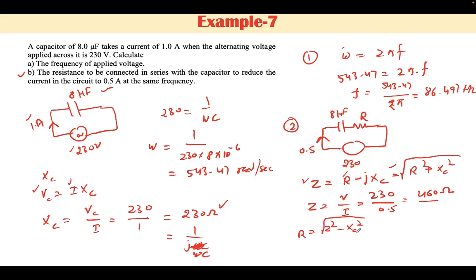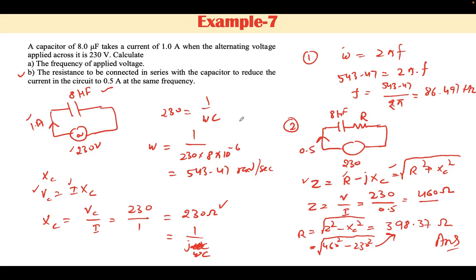Putting all these values, R will be equal to 398.37 ohm. Here Z is 460, so the square root of 460 square minus 230 square gives this value, and this is the answer.